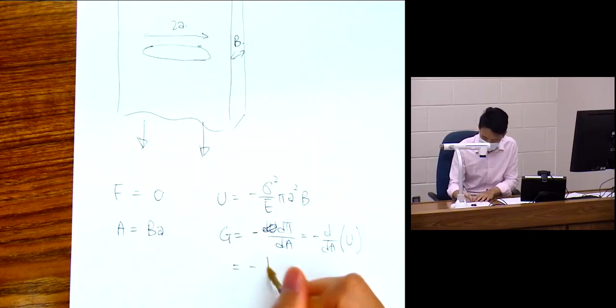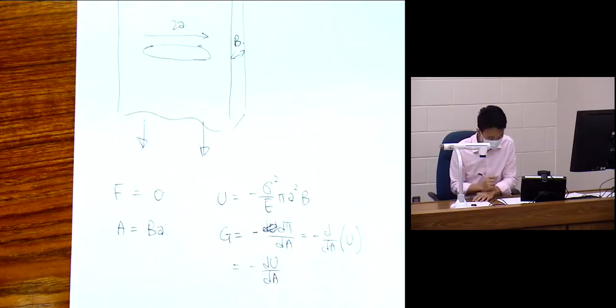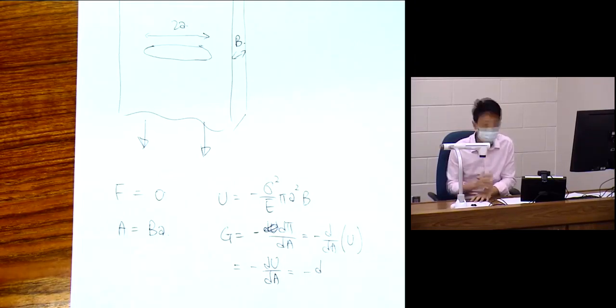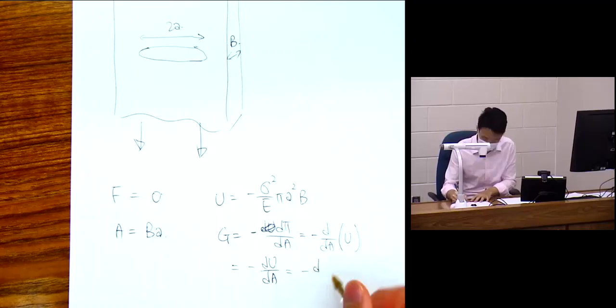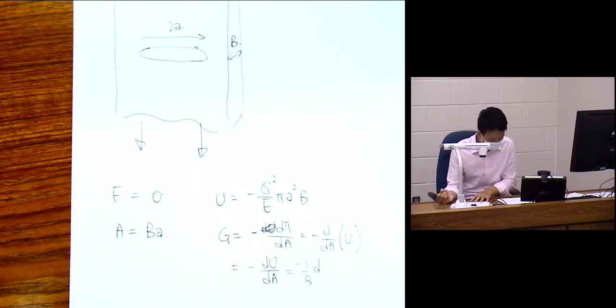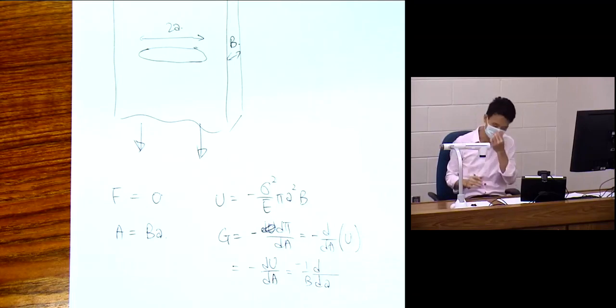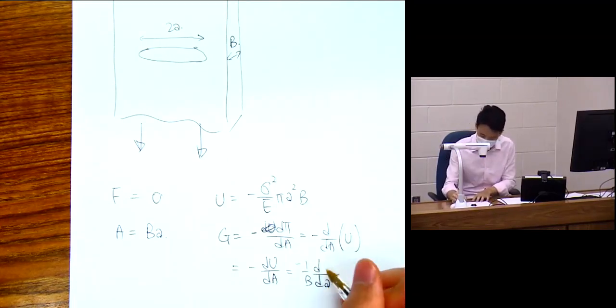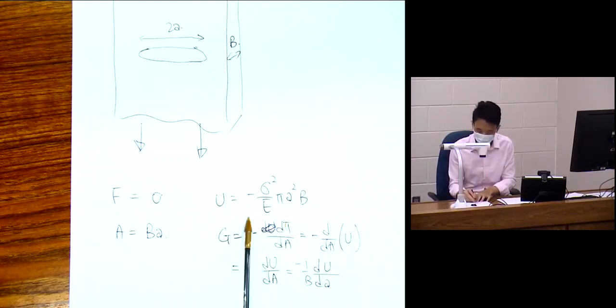That means we're looking at dU dA. Now we just have to change A to BA. Since B is a constant thickness, we can take it out of the equation. Minus 1 over B, d small a, because of the crack length, and we have U, which is right over here.